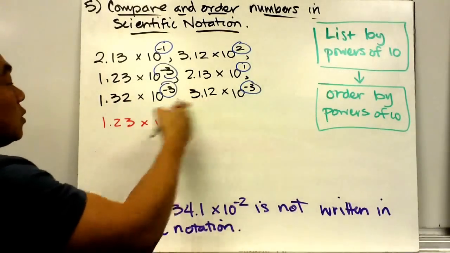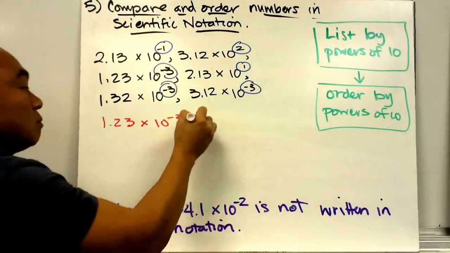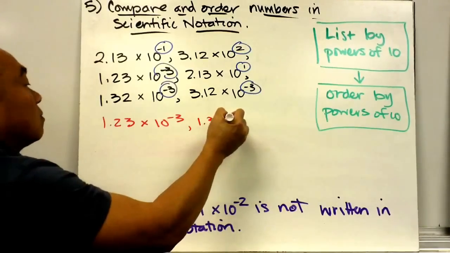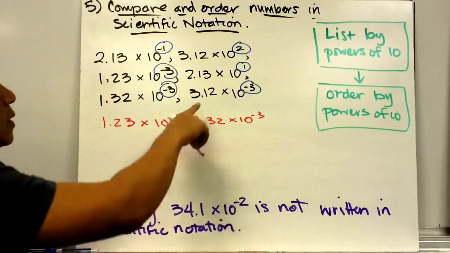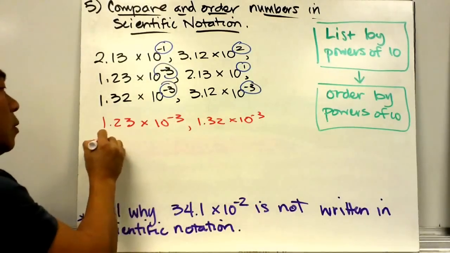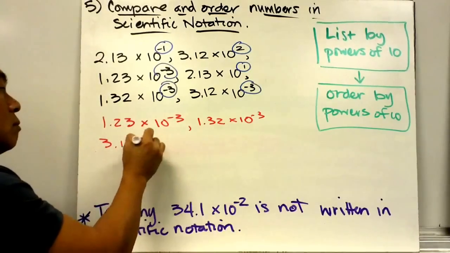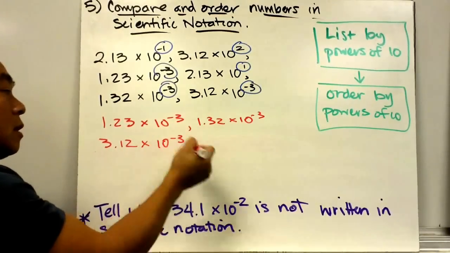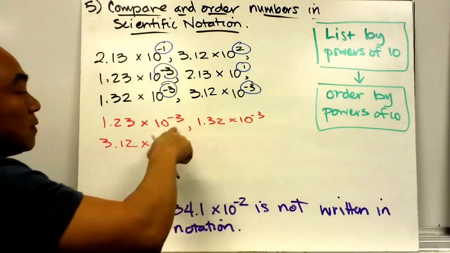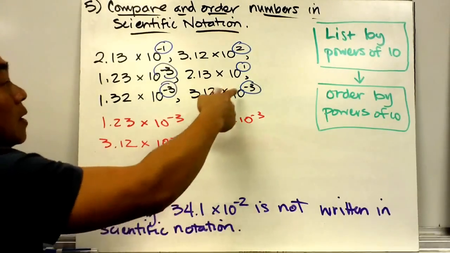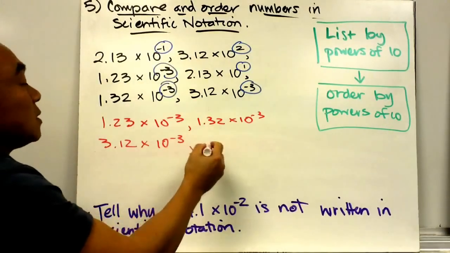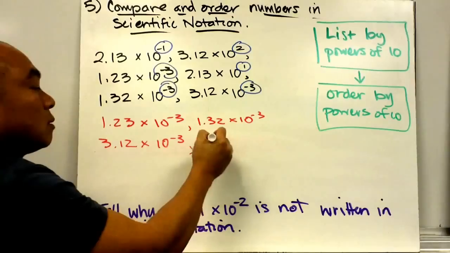However, if you're looking at the order of these, let's start with the smallest number. Then the next one is going to be 1.32. Then the next one is going to be 3.12. And again, I've started off with numbering these because these are the smaller of our negative numbers. Then our next one is going to be negative 1, so that's going to be 2.13.